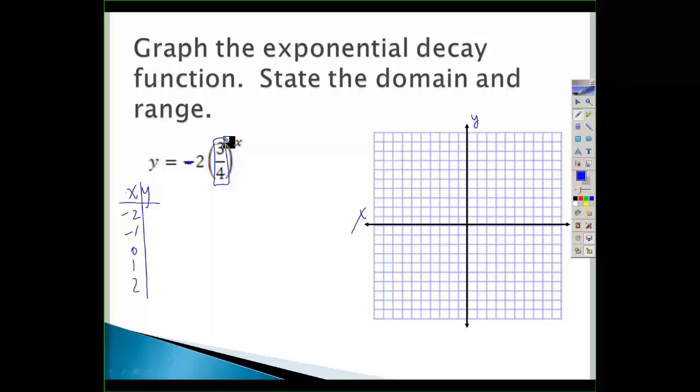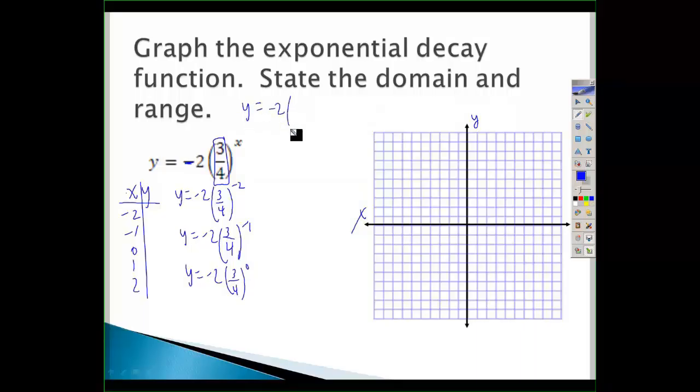So let's just check it out here. We have y equals -2 times (3/4)^x. When x is -2, y equals -2 times (3/4)^-2. Okay, and I do want to show a little more work this time because these are a little trickier once you get a few more numbers in there.